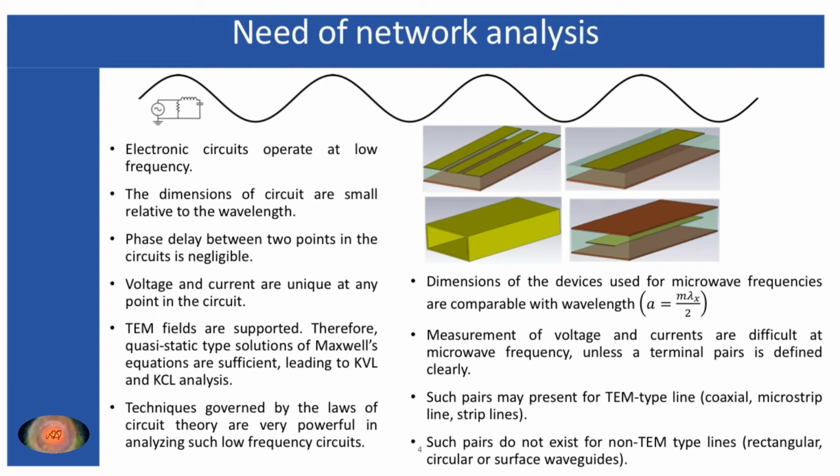So for the TEM type mode, as you have seen, the transmission line model can easily be applied, but for the non-TEM type mode we cannot apply the transmission line model directly, because in the definition of the transmission line model we considered that the voltage and current were defined uniquely at a particular position, which is the case for the microstrip line, coaxial cable, or strip lines.